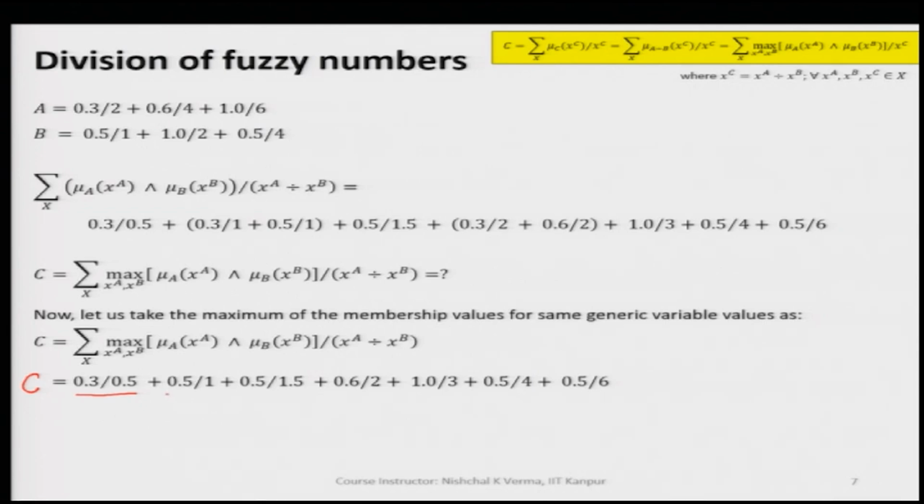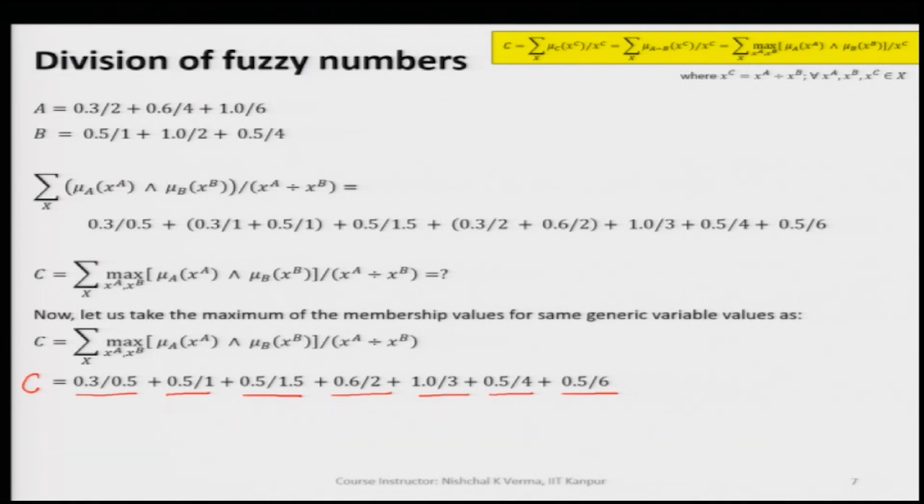So, here we see that as a result of fuzzy number A divided by fuzzy number B, we get another fuzzy set C.